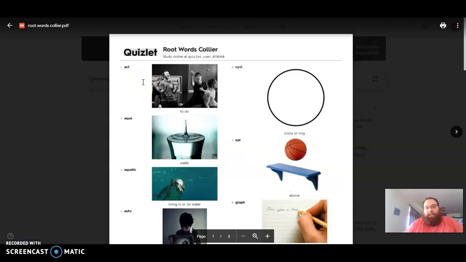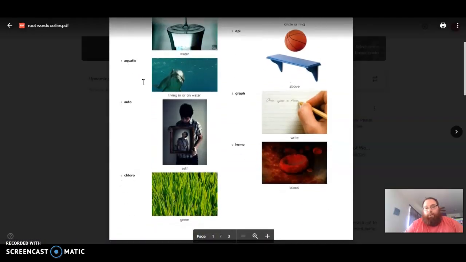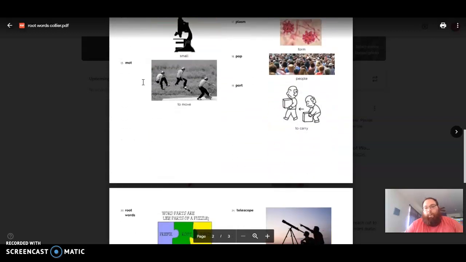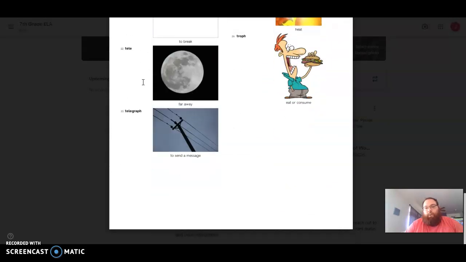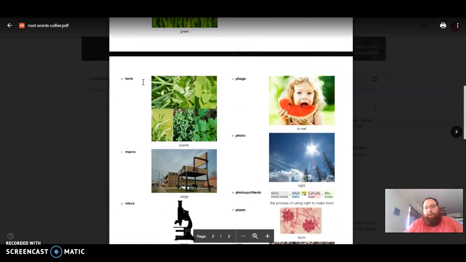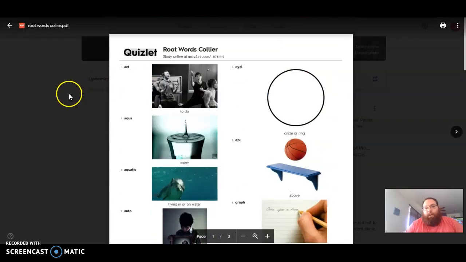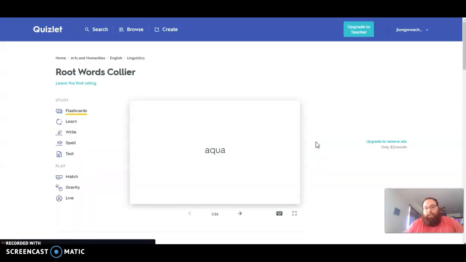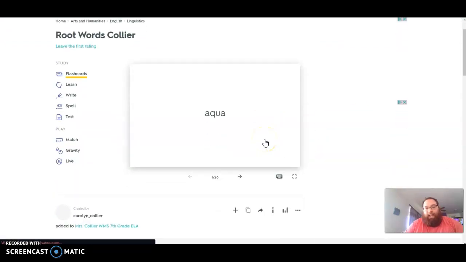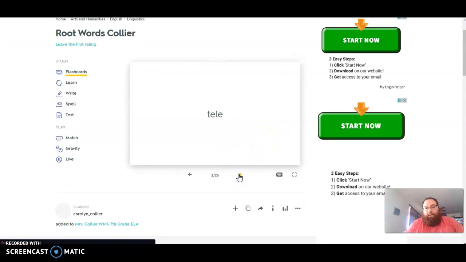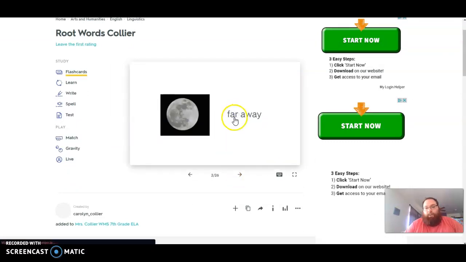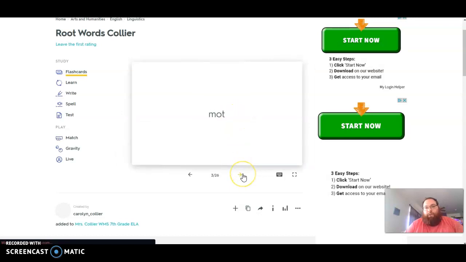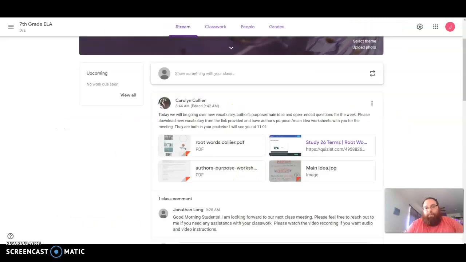This was right from Quizlet, the root words from Quizlet, so that way if you wanted to download these or print these to have at home, it was easy for you to do so. Also included is a link to Quizlet if you want to play the games to help you remember the root words. That is also available on the post.